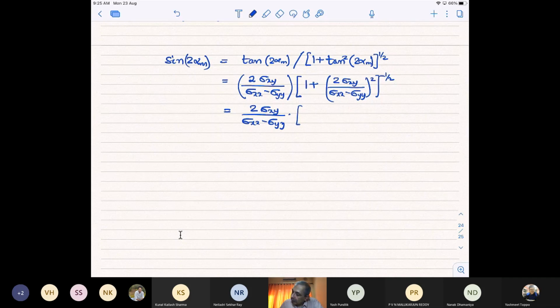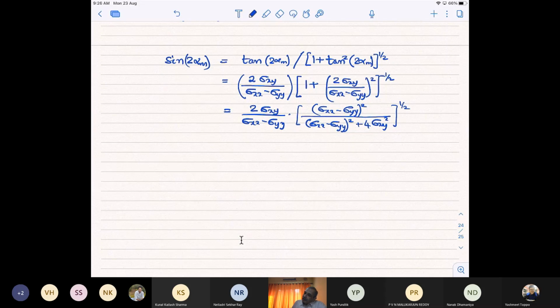And here, if I take the common factor and skip one step, this is sigma xx minus sigma yy whole square divided by sigma xx minus sigma yy whole square plus 4 sigma xy squared, and this whole thing raised to the power of half. So now you can see these two things simply cancel out.